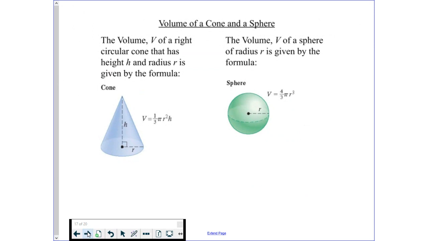We know the volume of a cylinder is pi r squared times h, and a cone is 1/3 of that. So you have 1/3 pi r squared times h.